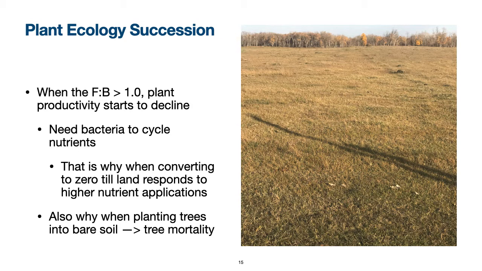So when we have a low fungal bacteria ratio and we're trying to establish trees, go to an area with trees, grab some soil, dig your hole where you're going to plant your tree, and put in that soil from underneath an established tree. This way, when you put the roots into it, the tree is going to think it's in the right conditions to grow, and so it should have better establishment.